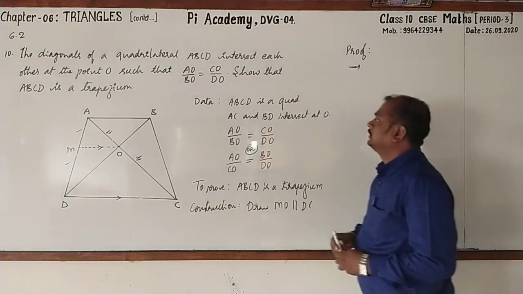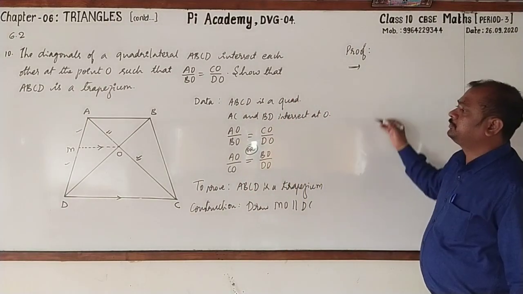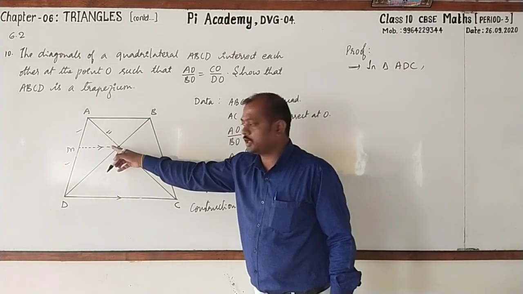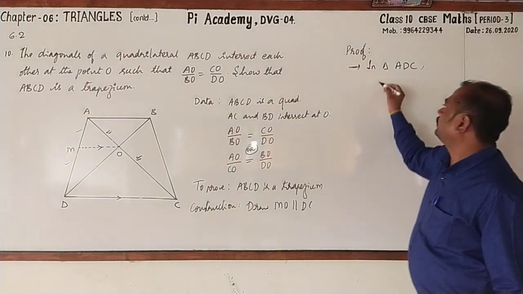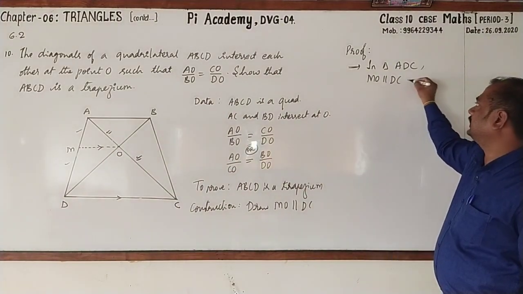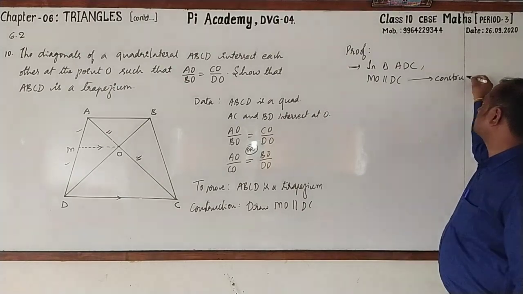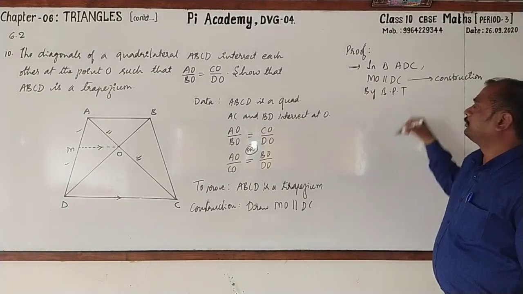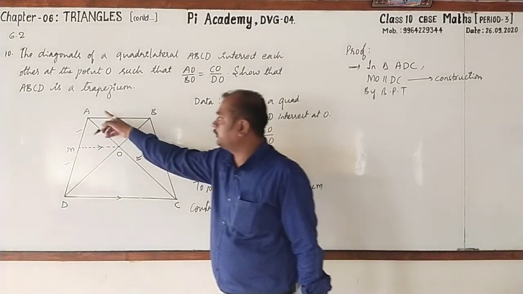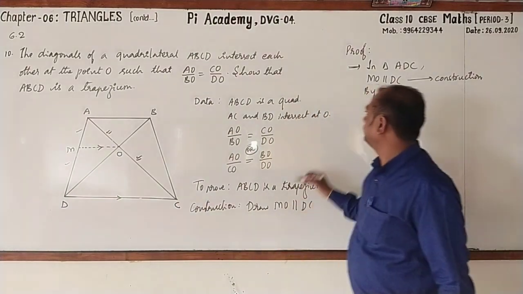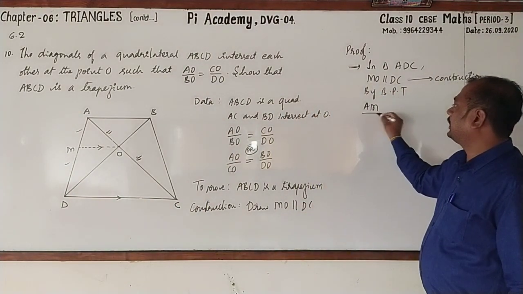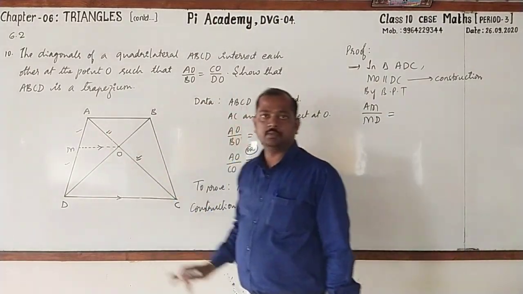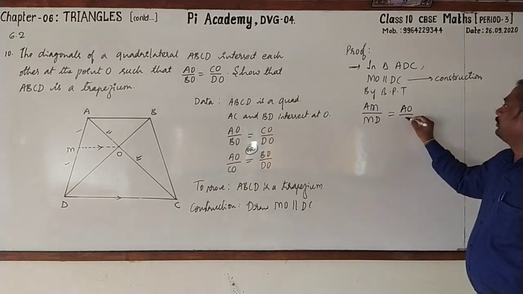Understood? While writing also I will explain. Please go on writing with me. In triangle ADC, MO parallel to DC, it is from construction. Therefore, we can use the basic proportionality theorem. According to that, we can write AM by MD is equal to AO by CO.